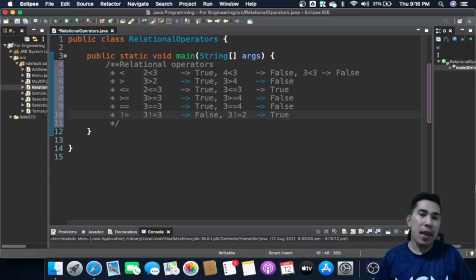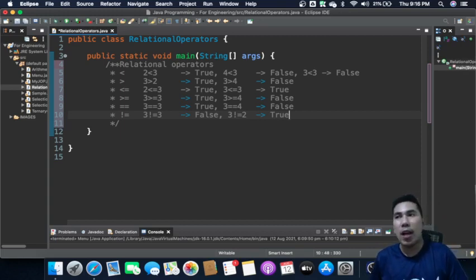If you understand this very well, there's a big probability that you are able to create good logic in creating decisions or if conditions in Java.